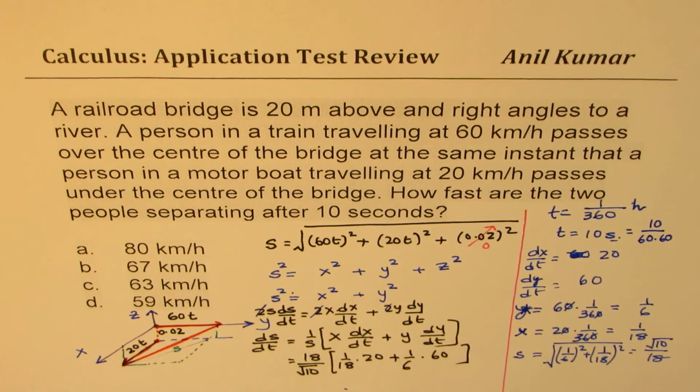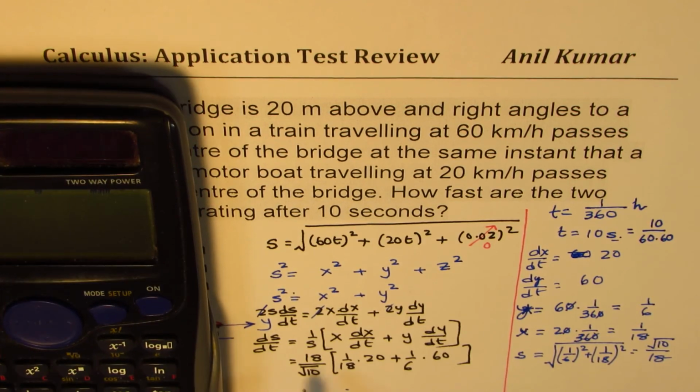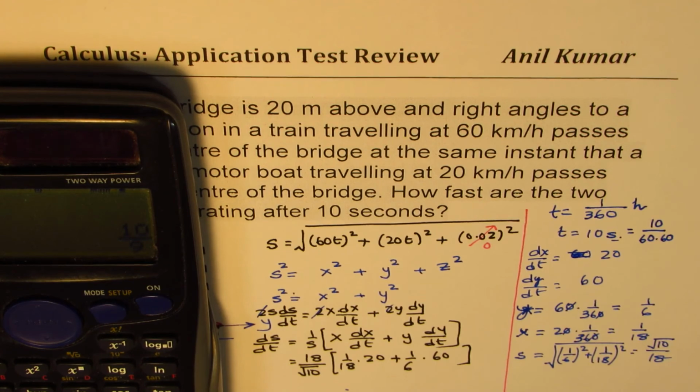So that gives you the answer, correct? Now let's calculate. Within the bracket, we have 20 divided by 18, plus 60 divided by 6, which is plus 10, right?